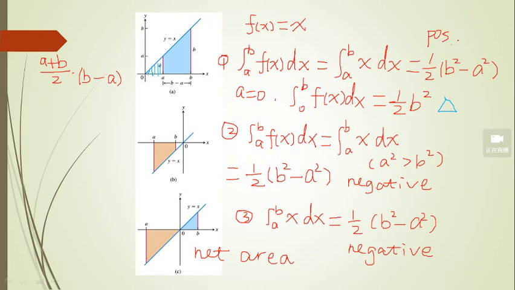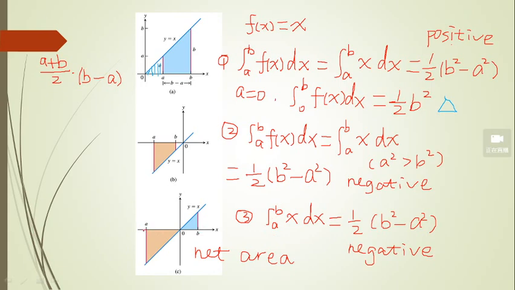The second case is when the lower and upper limits are both negative numbers, okay? And we know this region is below the x-axis. Of course, the area will give the negative one. And in the third case, a, the lower bound in the definite integral, is a negative number, and b is a positive number.